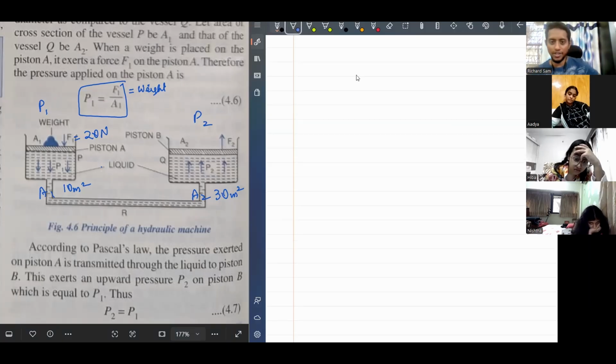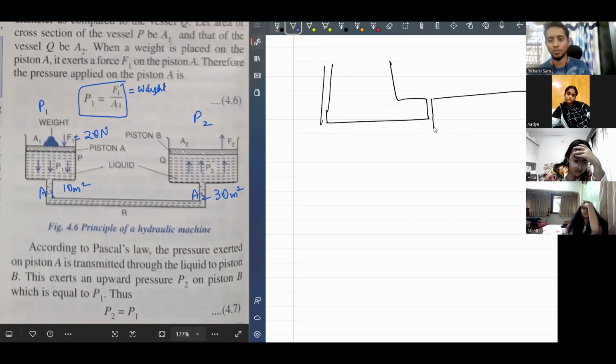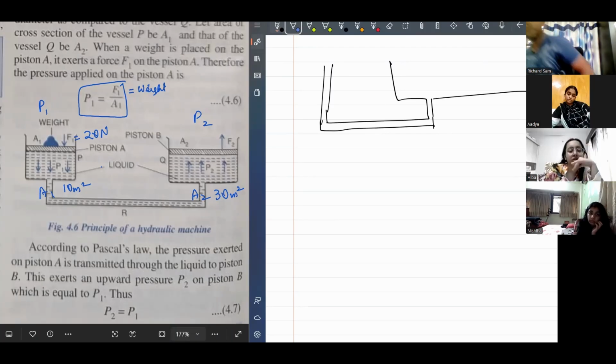Let's draw a diagram. Same way, on the left side, you'll put a small piston. On the right side, you'll put a very big piston. So on the left side, we have a piston which has an area of, say, 1 meter square.